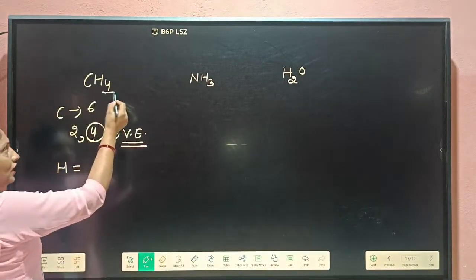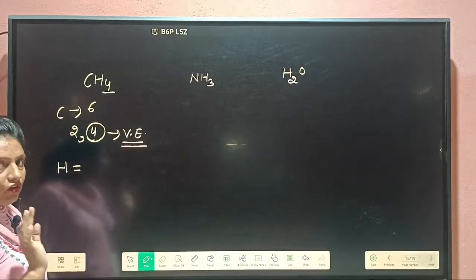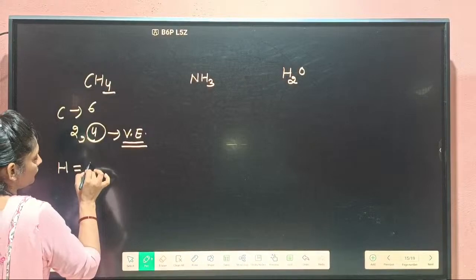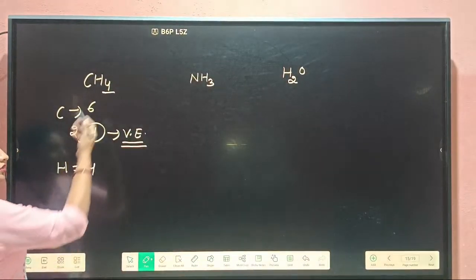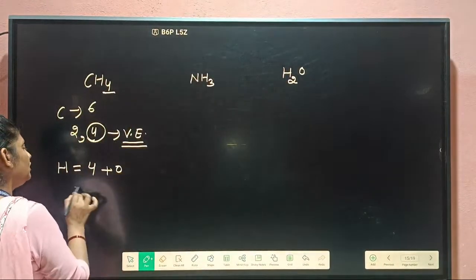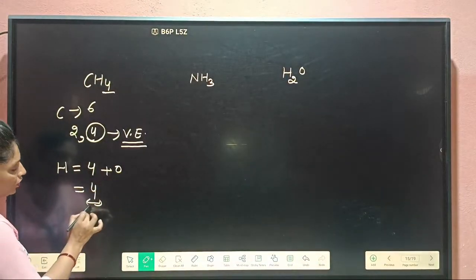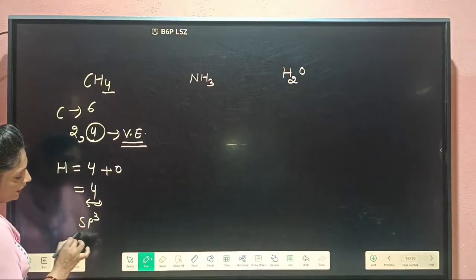So the bonded atoms are 4, and the lone pair is 0, so the sum is 4. If this value is 4, then hybridization will be sp3.